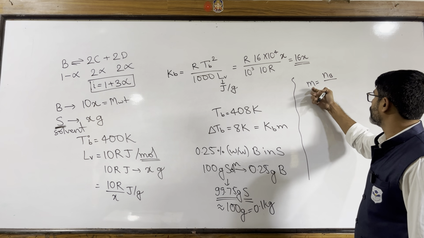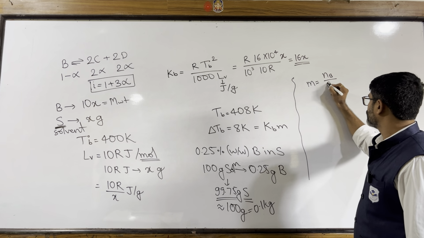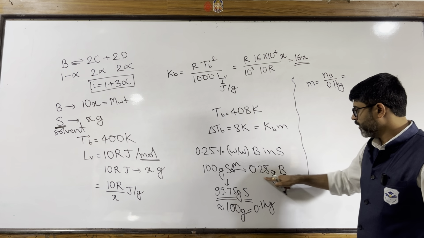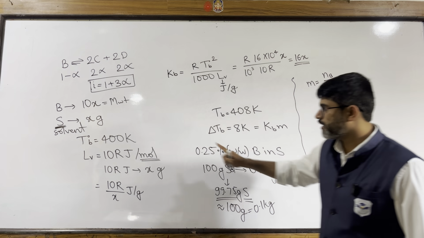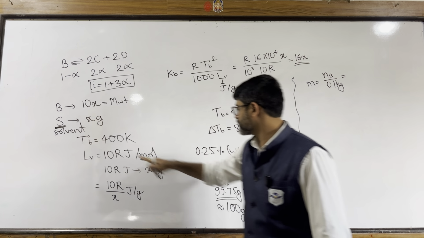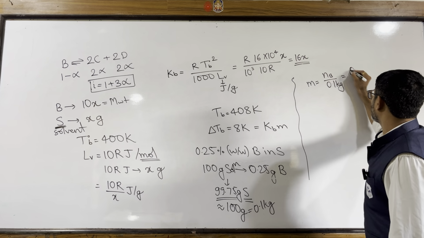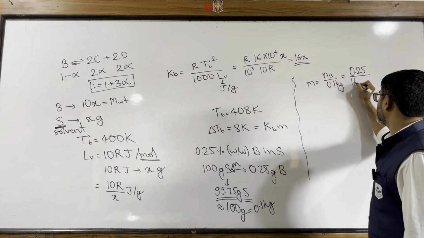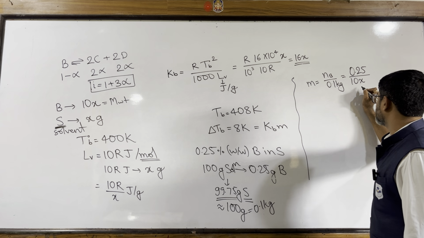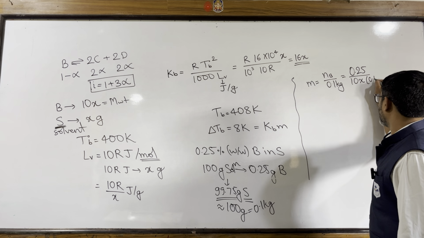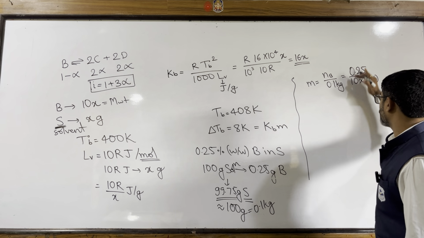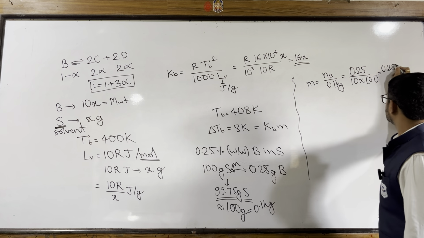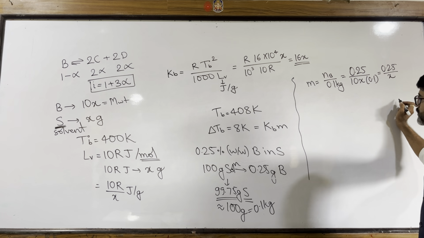And the number of moles of B is the given weight 0.25 gram divided by its molecular weight, 10x, into 0.1. So we are getting this value as 0.25 divided by x.